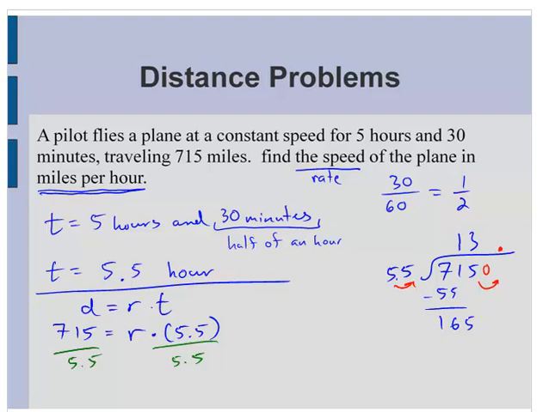And we still have that 1 0 before the decimal place. 55 divides into 0 0 times. R equals 130 miles per hour.